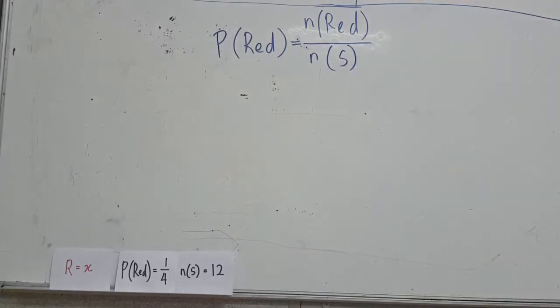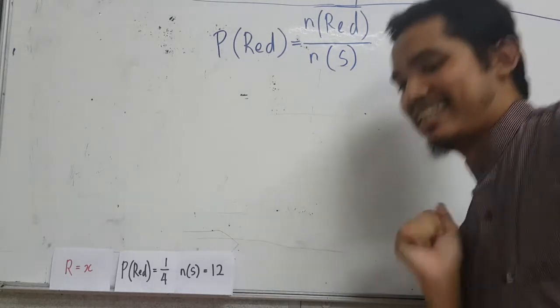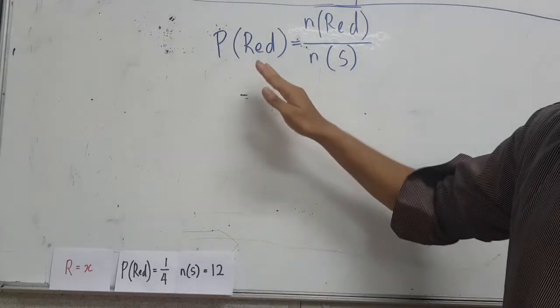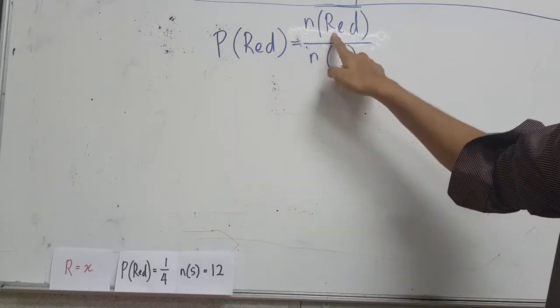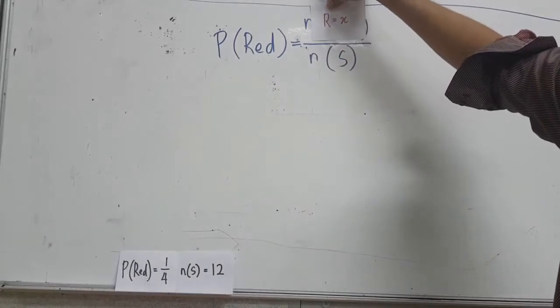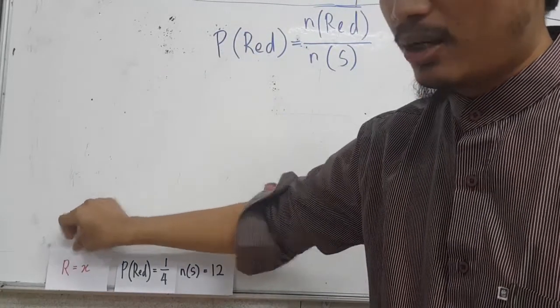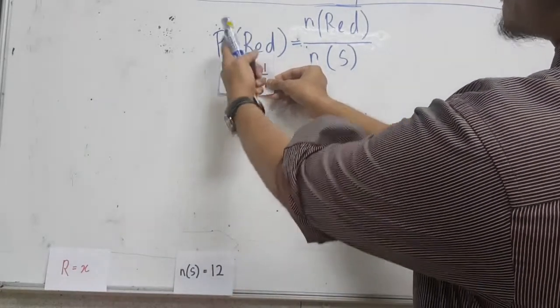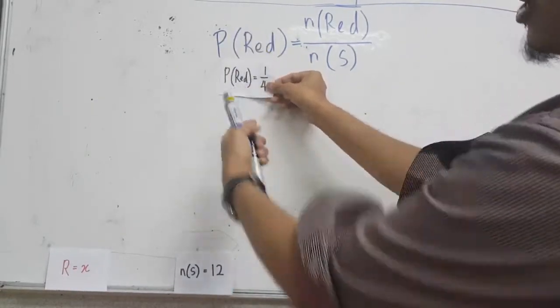This is what we learned before, correct? Now we want to find the number of red card, because we don't know how many red cards there are. But we already know the probability of red card is 1/4.